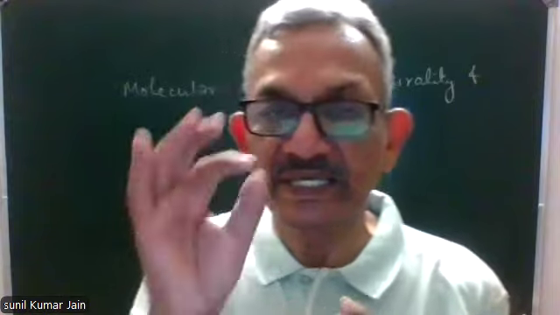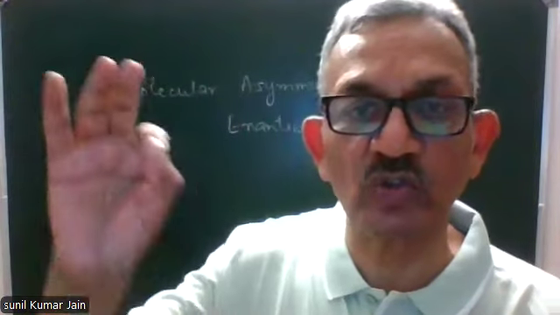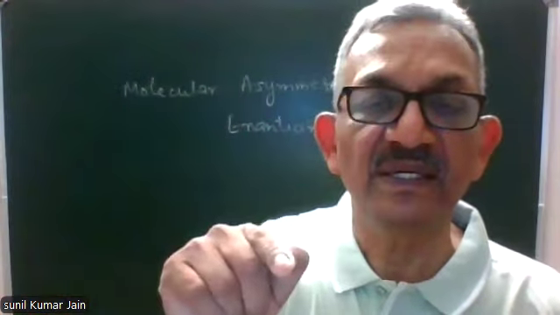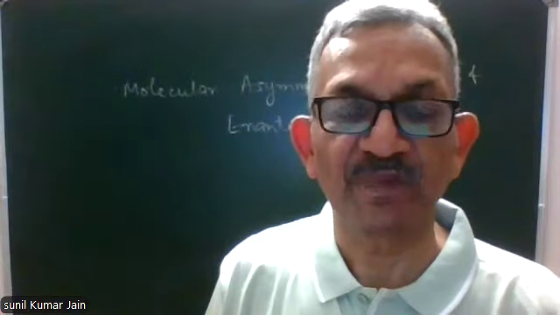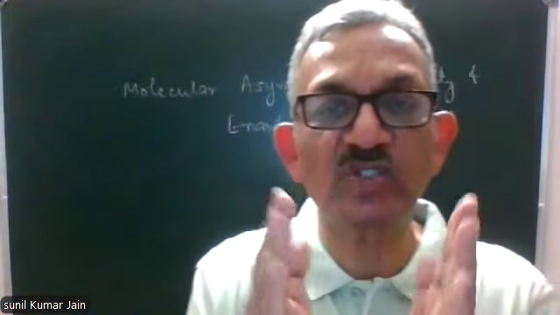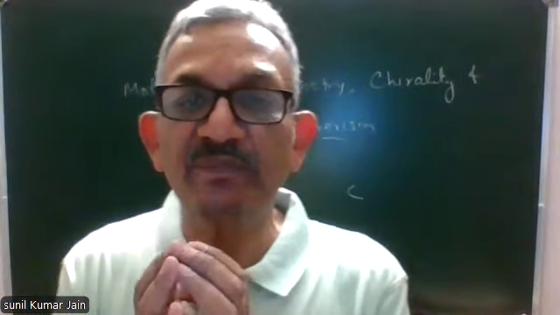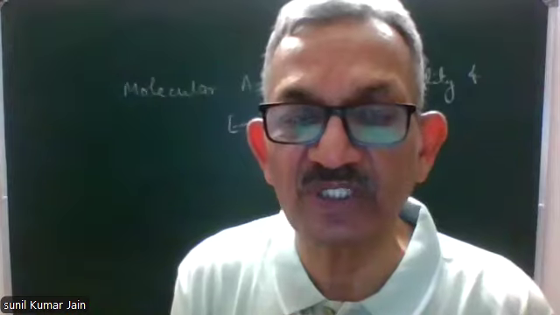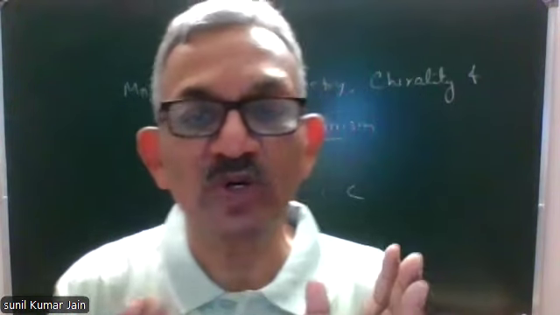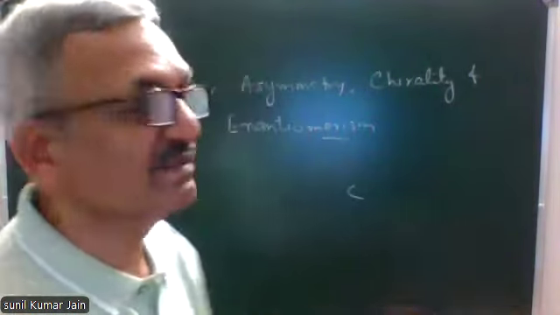It means equal quantities of dextro 2-butanol plus levo 2-butanol. So when equal quantities of dextro and levo forms of the same compound are mixed together, the mixture is called a racemic mixture. And as I said earlier, the process of formation is called racemization.